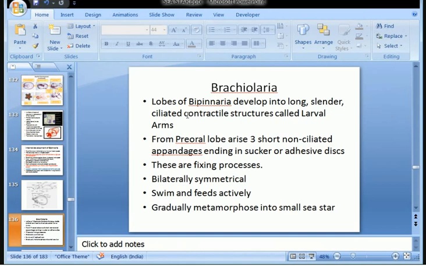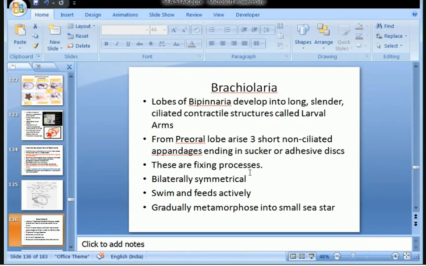So the lobes of Bipinnaria develop into long, slender, ciliated, contractile structures called the larval arms. So from the preoral lobe, if you recall, there was a preoral lobe, arise three short non-ciliated appendages, relatively smaller arms, which have suckers or adhesive discs at the ends.